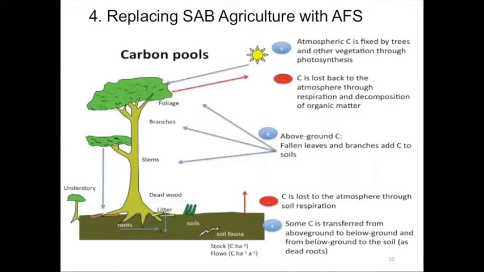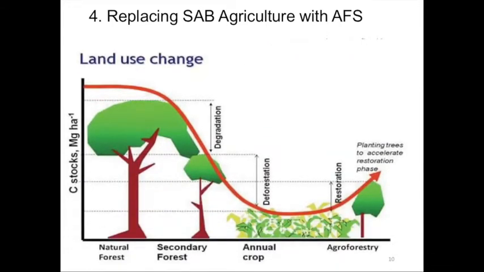The second option here is the replacement of slash and burn agriculture with agroforestry systems. Agroforestry is a procedure used to include trees within the agricultural crops.